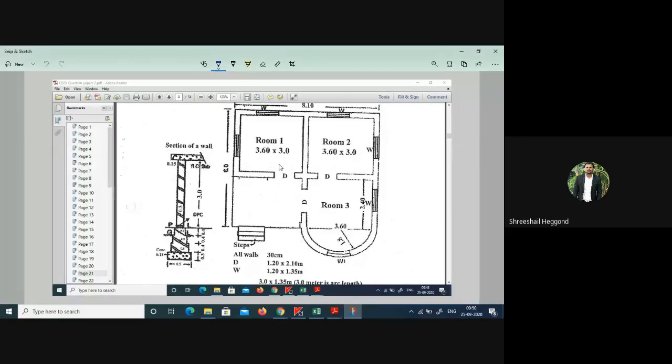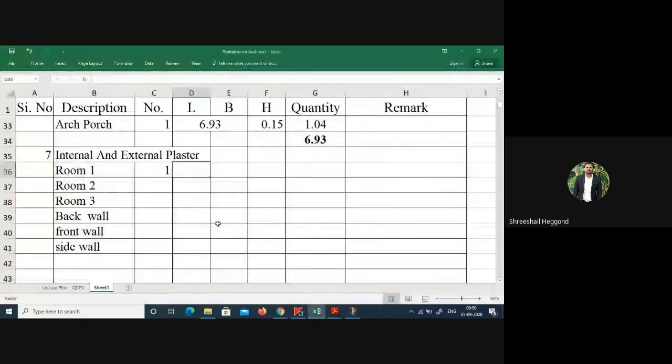The internal dimension is 3.6 into 2 plus 3 into 2. That can be written as 3 into 2 plus 3.6 into 2. That will be 13.2.